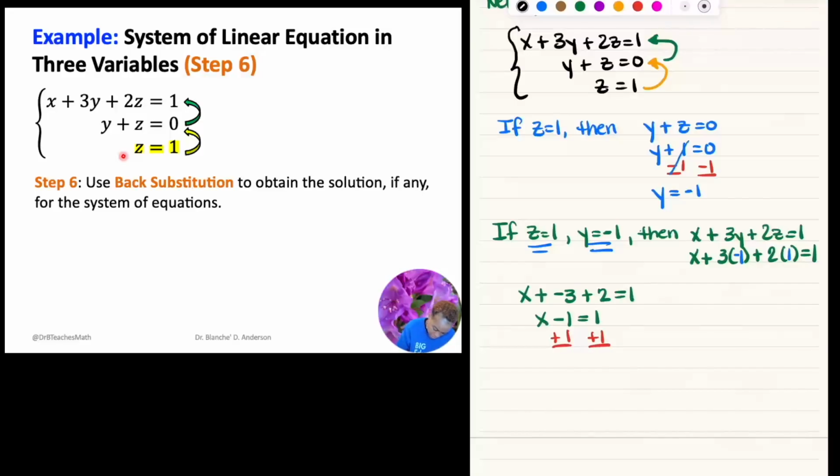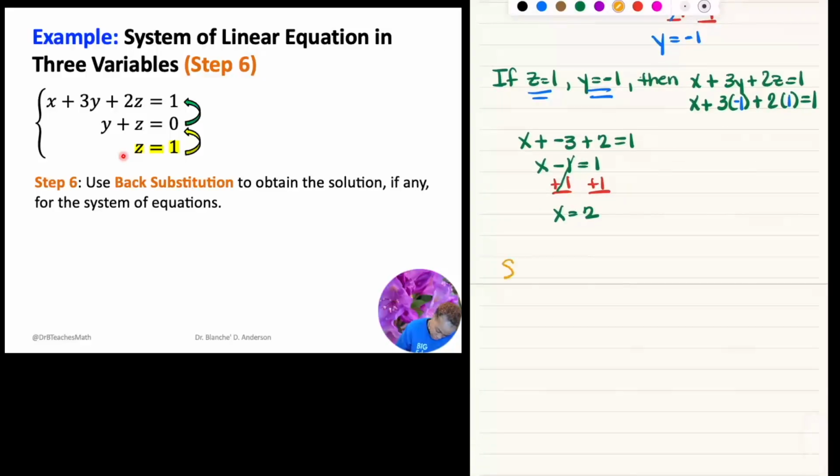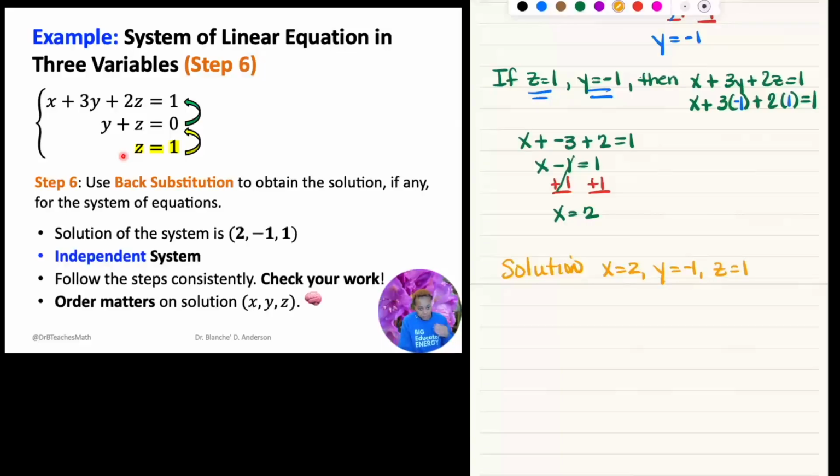When you do that, that cancels out and you get x equals 2. So it looks like we have the solution. Looks like we have x equals 2, y equals -1, and z equals 1. Yep, 2, -1, and 1.